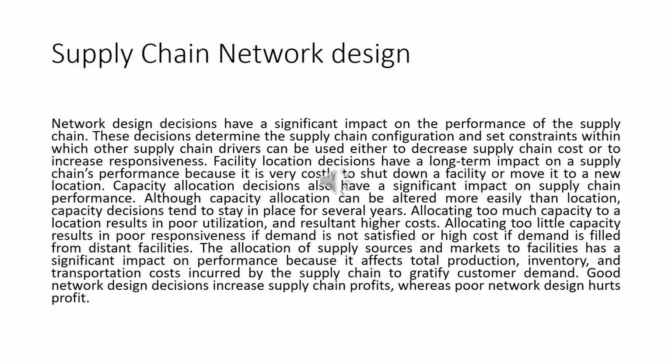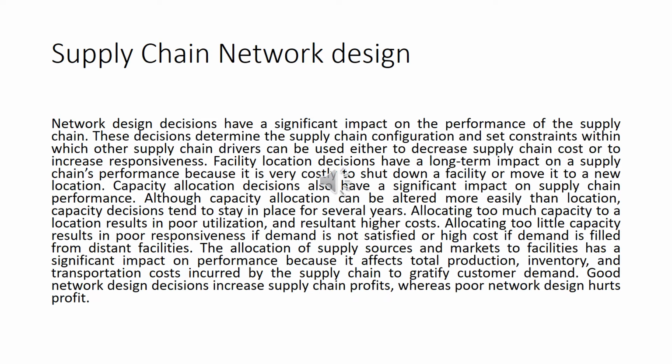Capacity allocation decisions also have a significant impact on supply chain performance. Although capacity allocation can be altered more easily than location, capacity decisions tend to stay in place for several years. Allocating too much capacity to a location results in poor utilization, and result in higher costs.